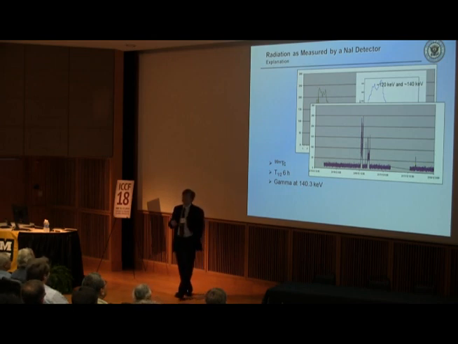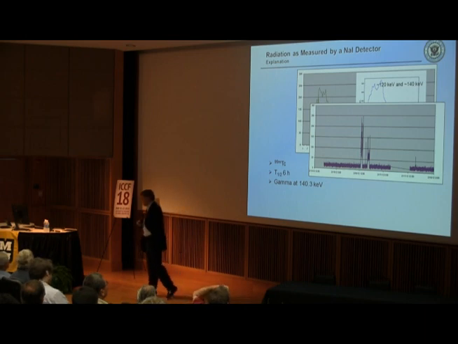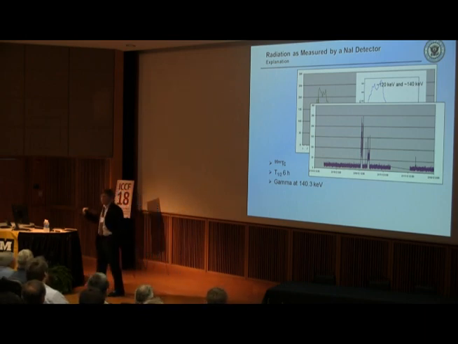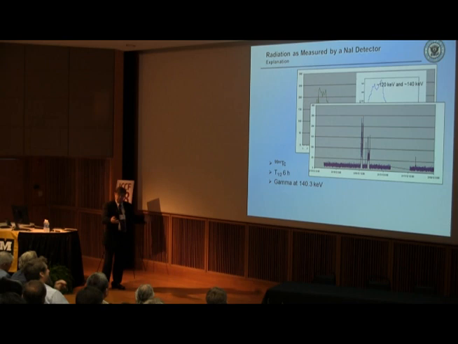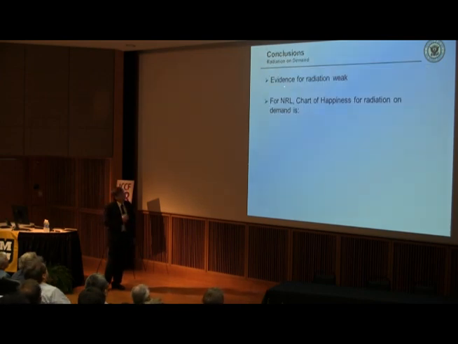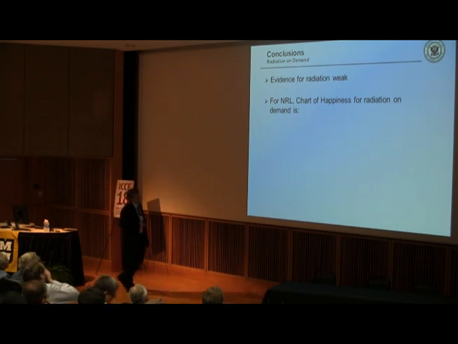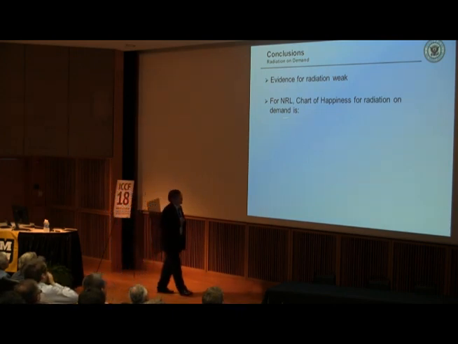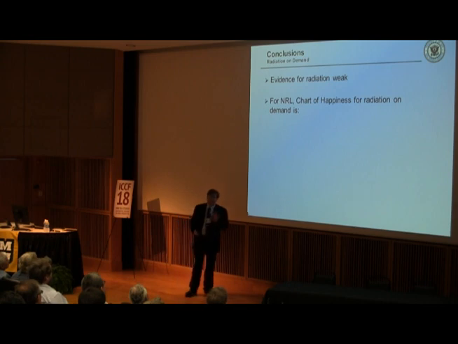So we had a very sensitive detector. We were certainly seeing radiation. It was certainly in the phase that we were running an experiment, but of course they weren't correlated. And so, in this particular case, the evidence for radiation that we see is very weak. And for us, our chart of happiness for radiation on demand is off the chart.